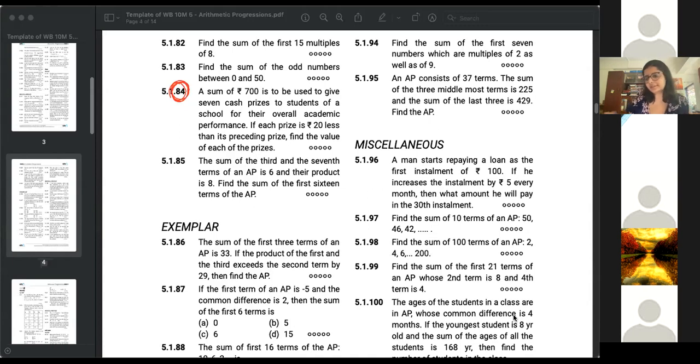So read it like twice. Sum of 700 is there. Give 7 cash prizes. So total 700 is divided into 7 different prizes. Each prize is 20 less than the preceding prize.